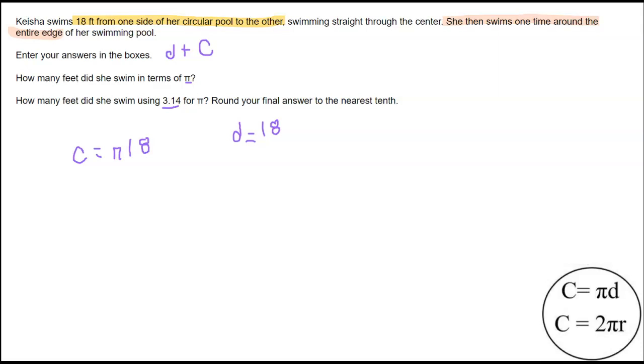That means I can also substitute 18 for the diameter up here, and I would have 18 plus 18 pi.